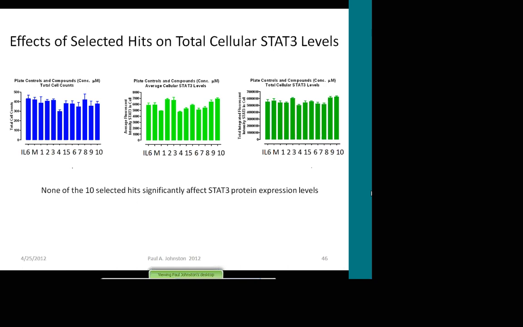And we took the 10 hits from our screen, and we looked for effects on the total amount of STAT3, because it could be depressing the amount of STAT3 or causing degradation of total STAT3 levels in the cell. As far as we could detect from these data, none of the 10 selected hits significantly affect STAT3 protein expression levels.